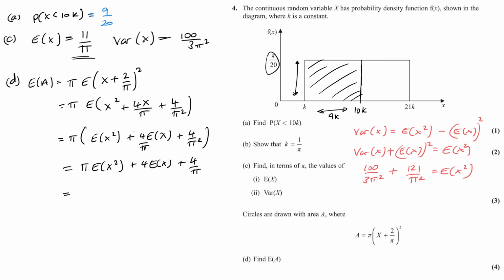Yeah. So now I can pop that into my question. So I've got pi times 1. Oh, I could actually work that out. Oh, I could simplify this in red first, couldn't I? It's 463 over 3 pi squared.